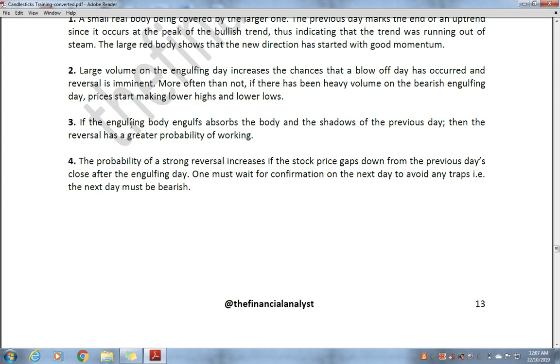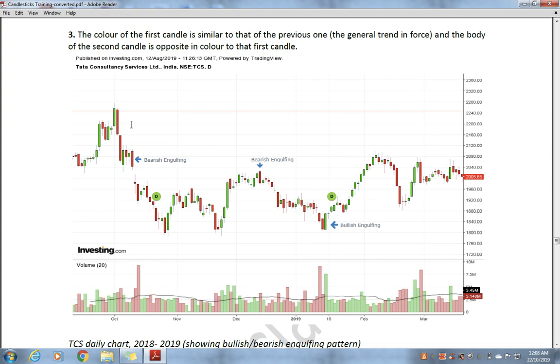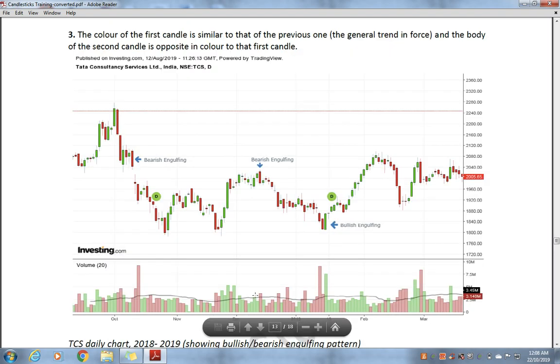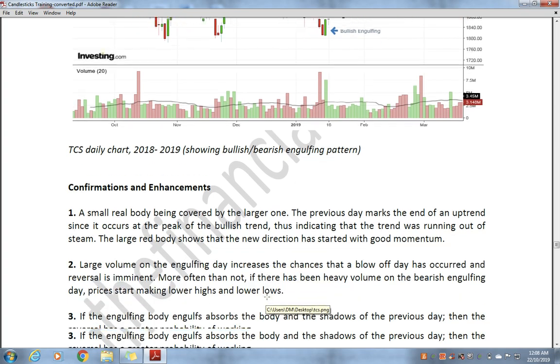But if it is also engulfing the shadows, then this shows a greater probability of a reversal coming. As we have seen in this example, not only the body of the green candle is being engulfed, but also the shadows. I'll just zoom in for you. Also, the shadows have been engulfed by the red candlestick. So that shows a greater probability. Number two, volume has been very high, which also is confirming the reversal.